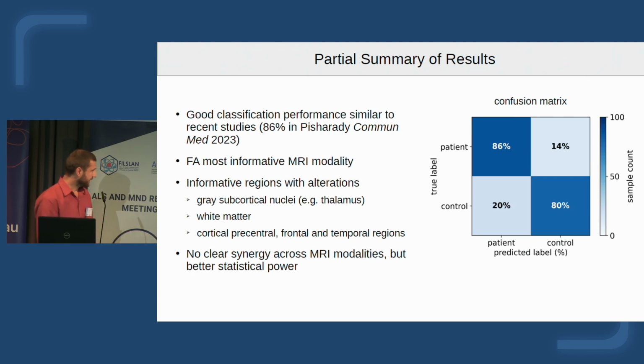And as I said, we can also check which regions and which MRI modalities are informative for this. We found that some gray subcortical nuclei, like thalamus, part of the white matter for fractional anisotropy, and also some cortical regions, precentral, frontal, and temporal, were informative for this prediction.